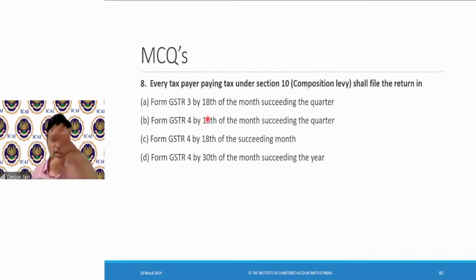First, GSTR 3 is not applicable for him. So GSTR 4, which is an annual return. The annual return he will file by the 30th of the month succeeding the year. Why 18th is given here is to confuse you, because they will file the CMP 08. That is the payment by the 18th of the month succeeding the quarter. But returns will be through GSTR 4 itself. Okay.